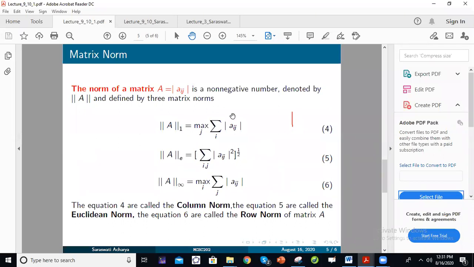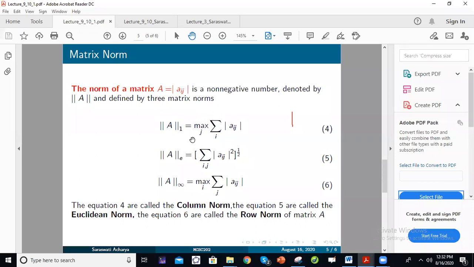Okay, we will discuss how to define them. The norm of a matrix is a non-negative number denoted by this. The one norm we call the column norm, that is the maximum over j of the sum over i of aij. What does it mean? We will discuss and see it in the problem. I represents the row, j represents the column.